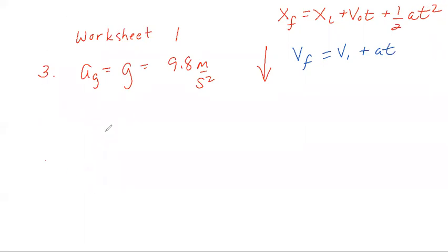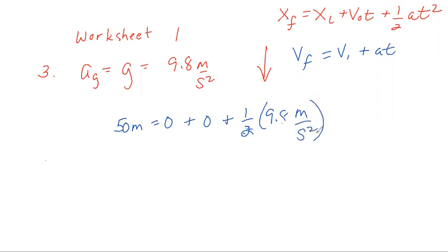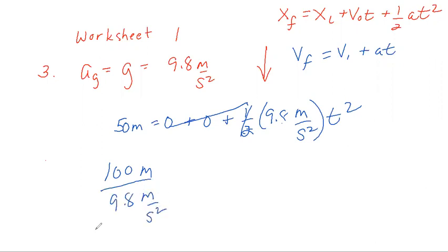Okay, so we've got 50 meters equals 0 plus 0 plus 1/2 times 9.8 meters per second squared times t squared. And solving for t, I multiply through by 2 on both sides to get 100 meters, divided by 9.8 meters per second squared under the radical, and that's going to equal t.